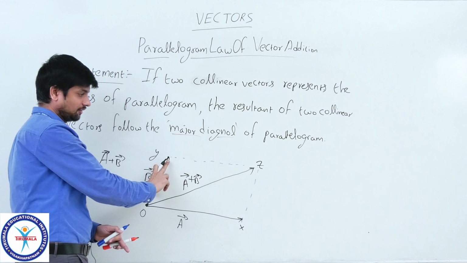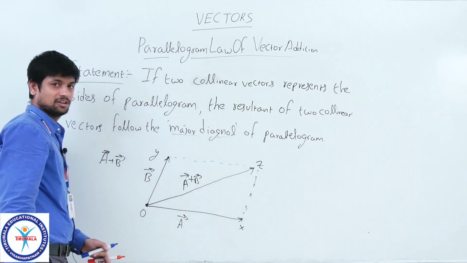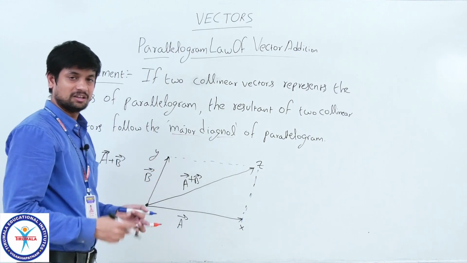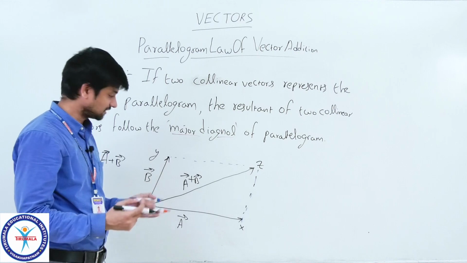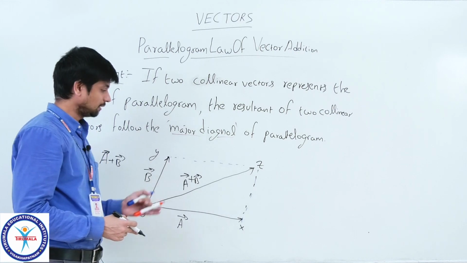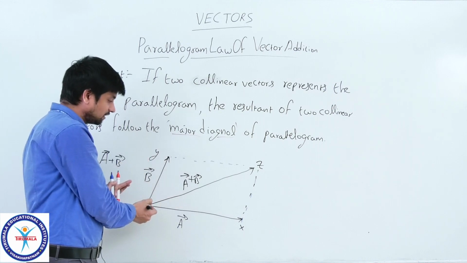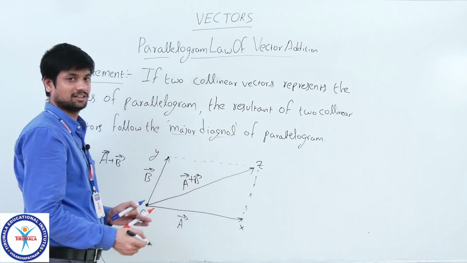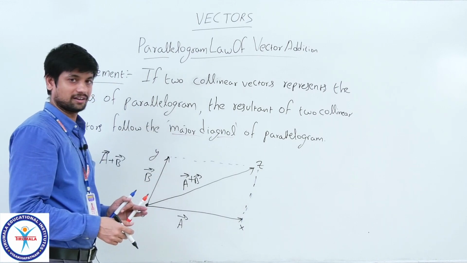So you can see it again forms a triangle. What we calculated as magnitude and direction of the summation of two vectors in the triangle law, the same thing will be calculated here. But here the two vectors are from one point and the diagonal gives you the resultant. Either in the triangular law you can calculate, or in this way also, children.